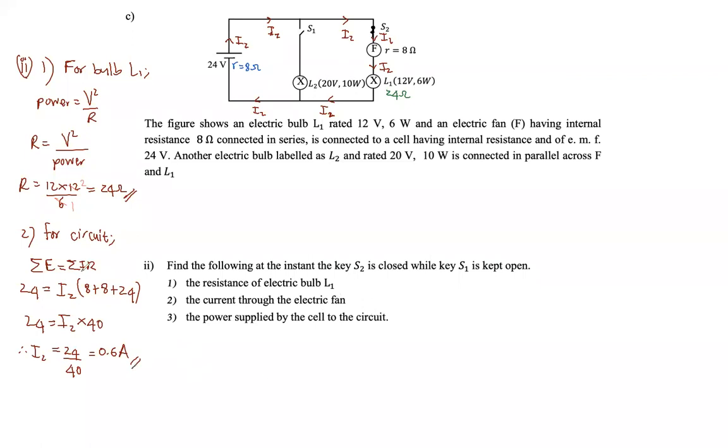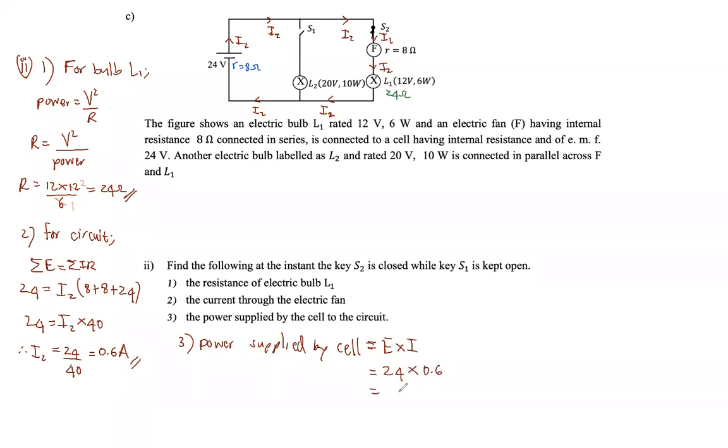Then the third one, the power supplied by the cell to the circuit. Again, same equation. Remember, power supplied by cell is given by electromotive force multiplied by current coming out of the battery. Electromotive force of the battery is 24. The current coming out of the battery is 0.6 ampere.